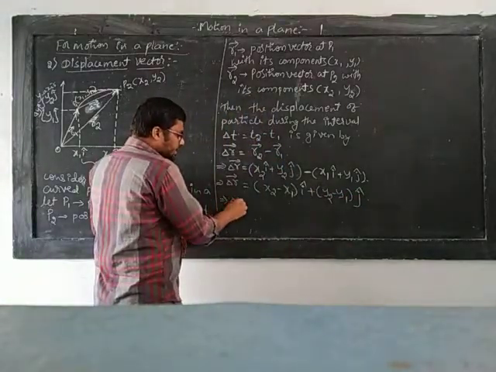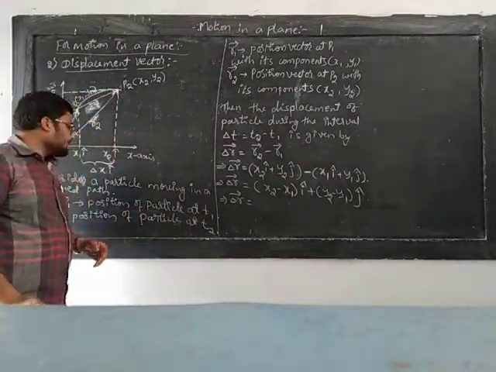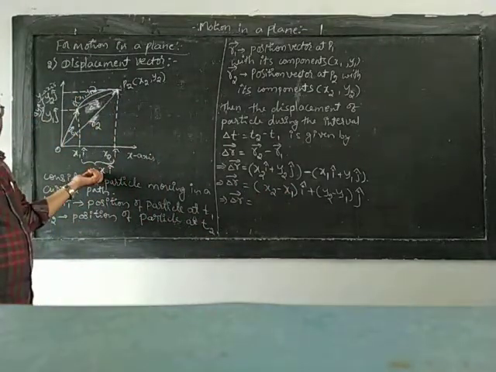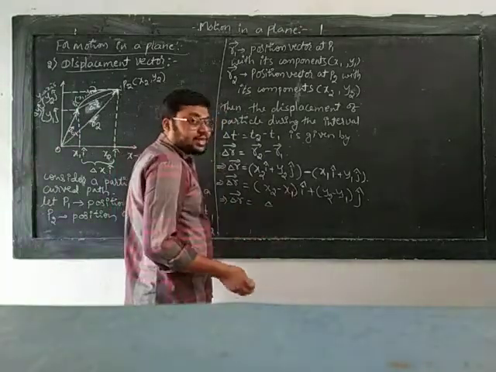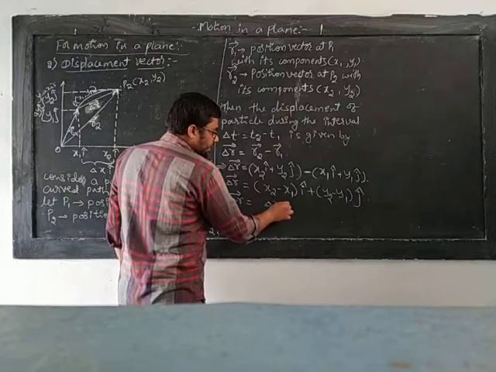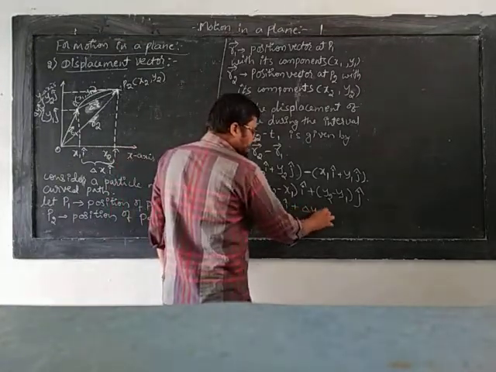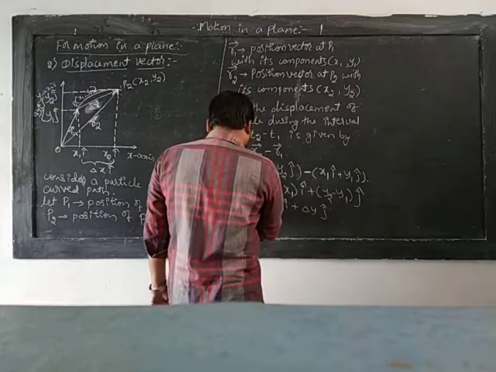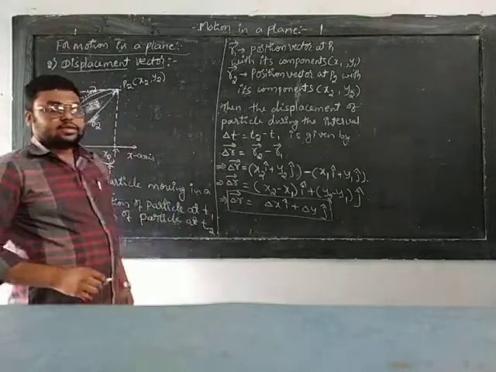Can I write x2 minus x1 as delta x? Already I have denoted it, that is the displacement along the x axis. So delta r equals delta x i cap plus delta y j cap. This is the displacement vector.